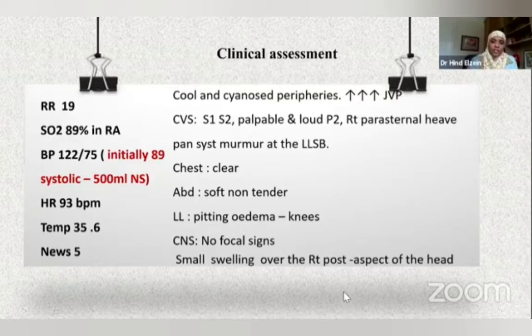The chest was clear, and she had pitting edema up to the knees. The abdominal examination was unremarkable. She didn't have any focal neurological signs, and she had a small swelling over the right posterior aspect of the head, following her fall due to one of the collapses she had prior to presentation.